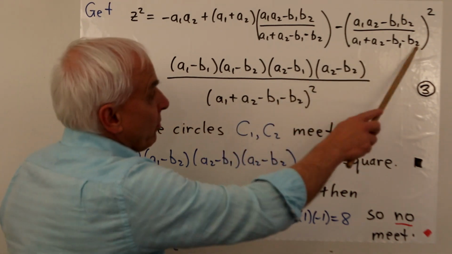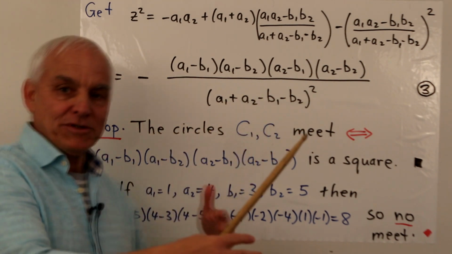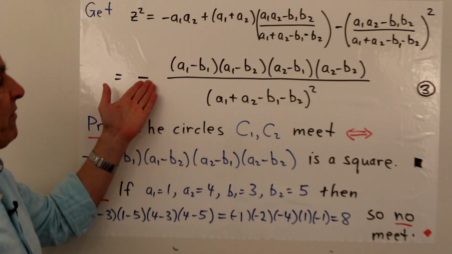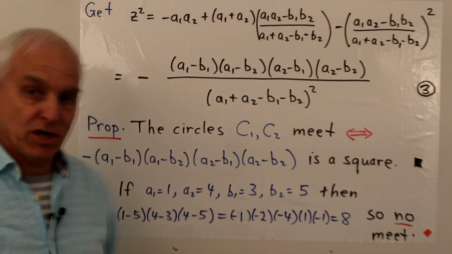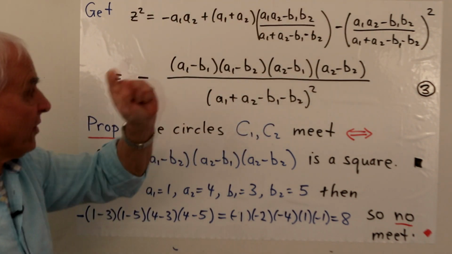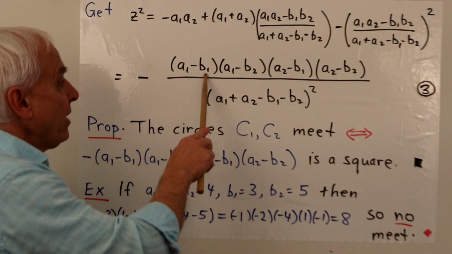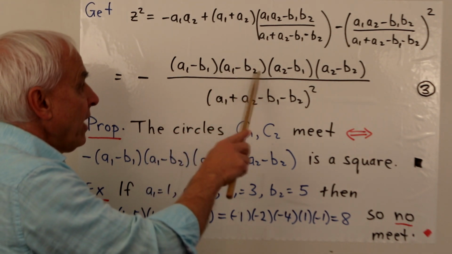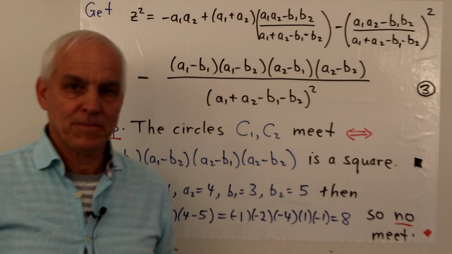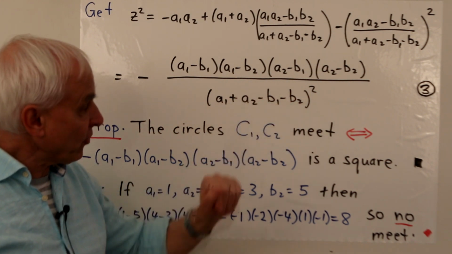The denominator will be this term here squared, and when we expand it all out and bring things together, we realize that there is a pleasant simplification or a nice factorization that results. So the answer, after we simplify this right side, and you can check this, is minus (a1 minus b1) times (a1 minus b2) times (a2 minus b1) times (a2 minus b2), all over the denominator (a1 plus a2 minus b1 minus b2) all squared.